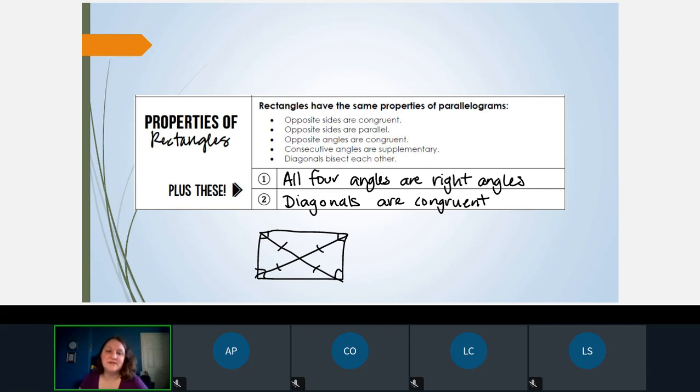If I were to pull this rectangle apart into 4 triangles, how would you classify the triangles? So look what I have there in green. What kind of triangle is that? Can anyone remember? It's okay if you spell it wrong. What kind of triangle do I have there in green?